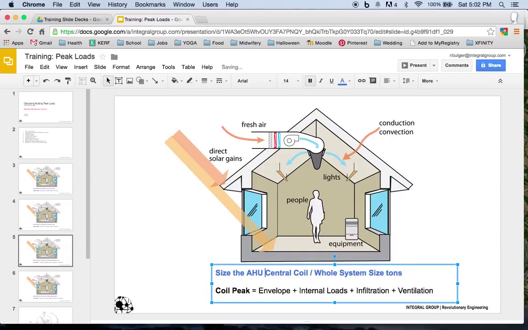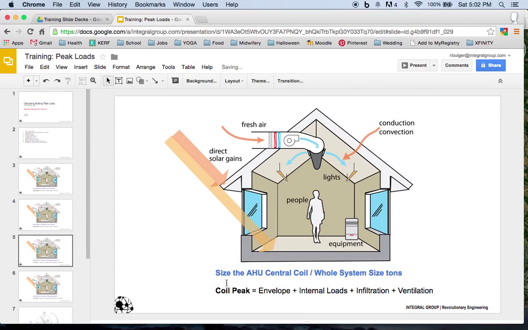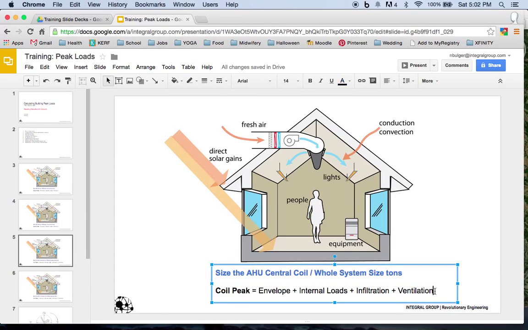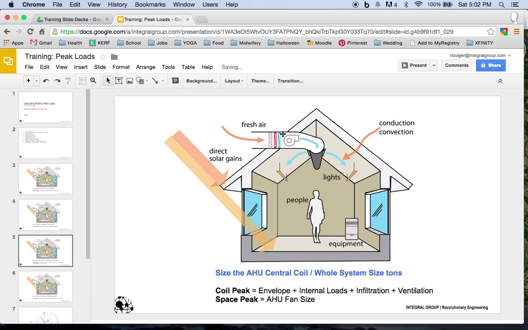I would say, let's say, AHU central coil. We would actually still use the space peak for the AHU fan size. But the coil peak would need to include the fresh air.